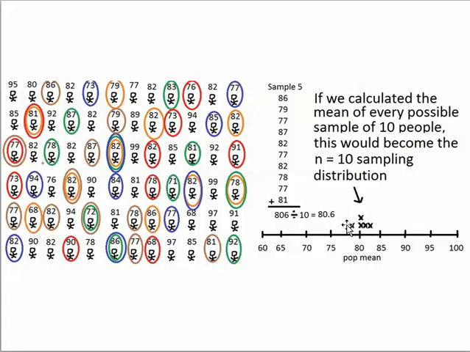In other words, the possible samples have accurate sample means. If I get this sample, it'll be pretty accurate. If I get this sample, it'll be pretty accurate. And if I get this sample, it'll be pretty accurate.